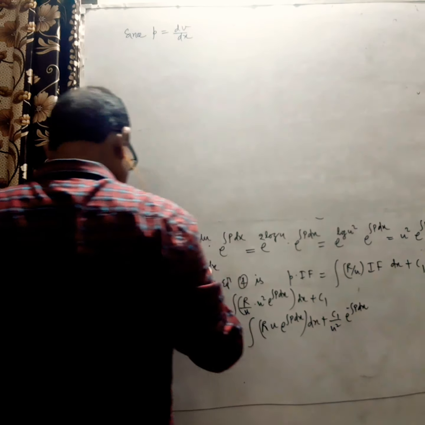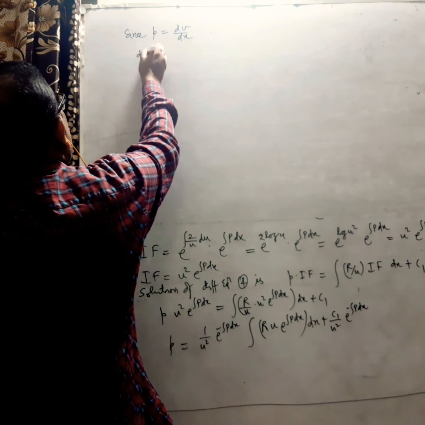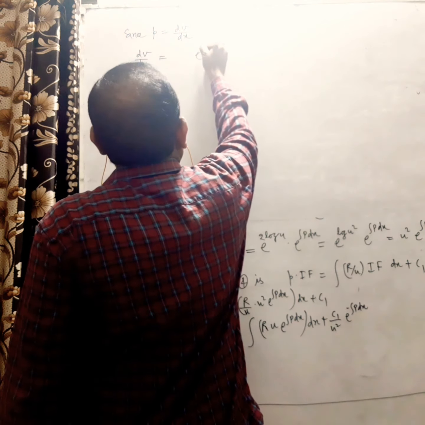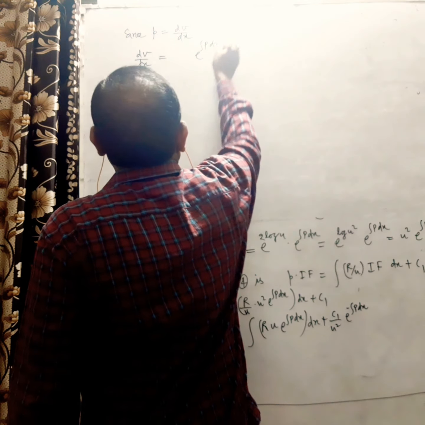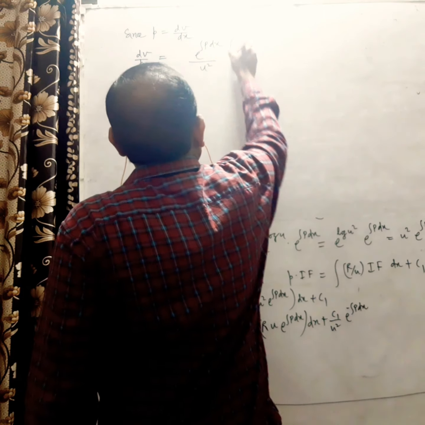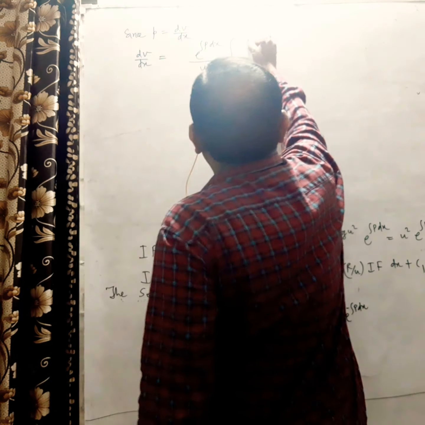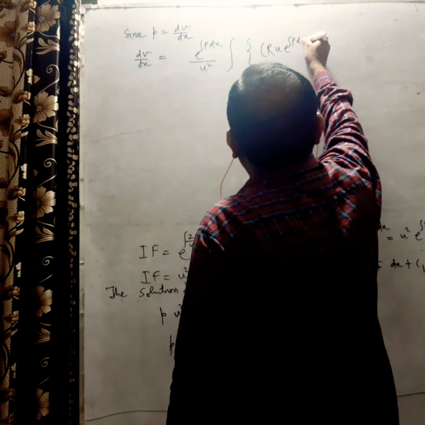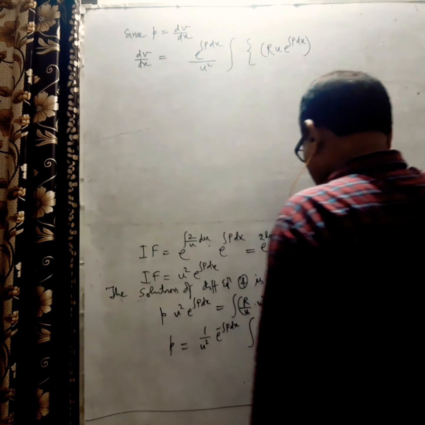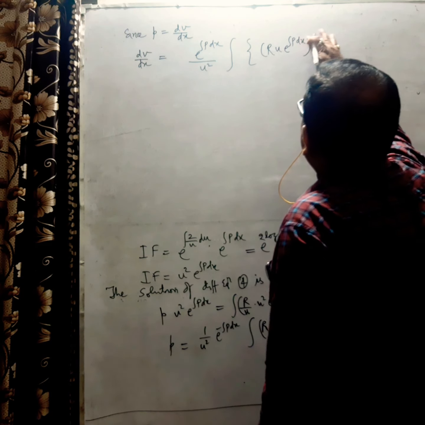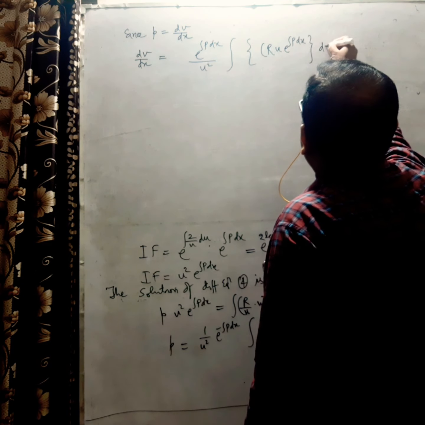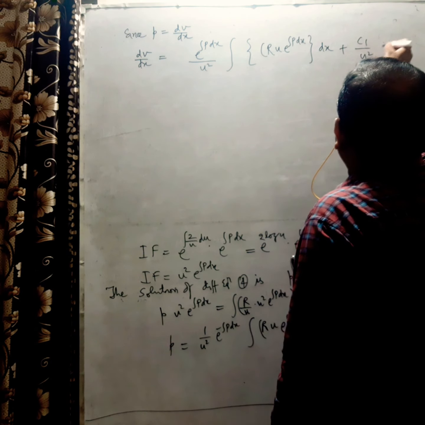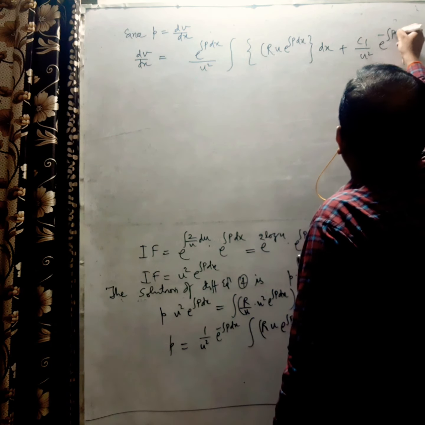So we can write here dv upon dx is equal to e to the power integral p dx upon u square, integration in bracket r u e to the power integral p dx dx plus c1 upon u square e to the power minus integral p dx.